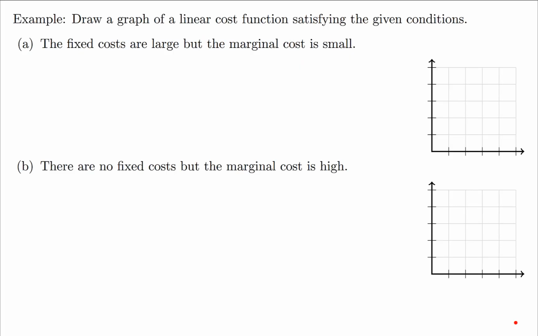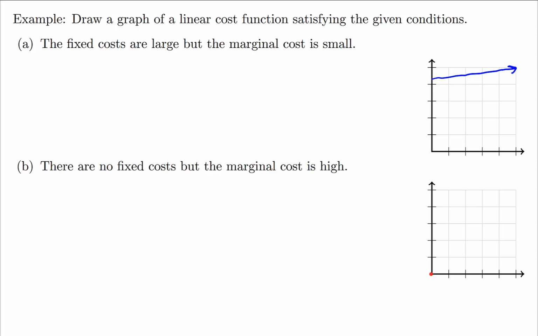Let's look at a few other examples of what it would look like if we were to do other forms of this problem. Let's suppose our fixed costs are large, but the marginal cost is small. What that would mean is I would have a very high y-intercept, maybe somewhere up here, but a very small slope. Or I could have something with no fixed costs, but a very high marginal cost.